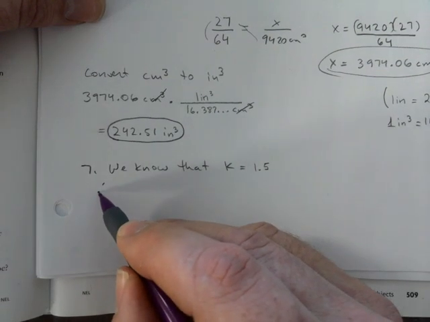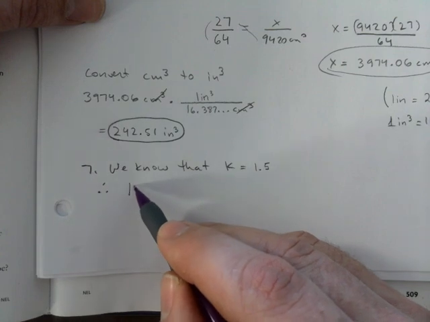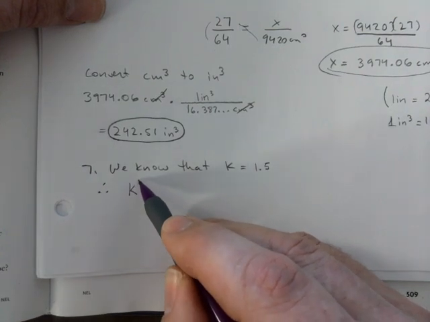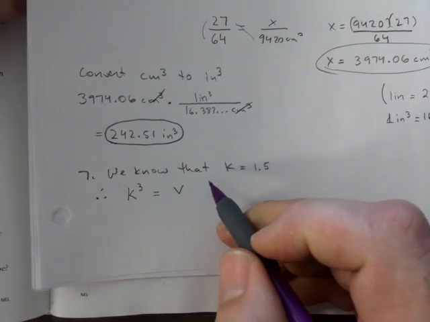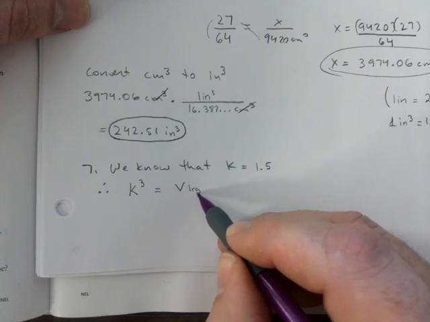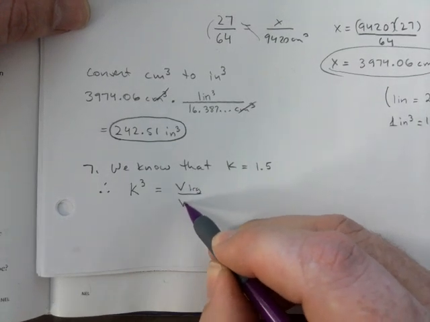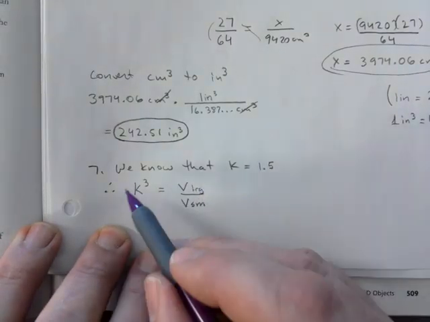Therefore, if you compare the volumes, volume of the large divided by volume of the small, you get k cubed.